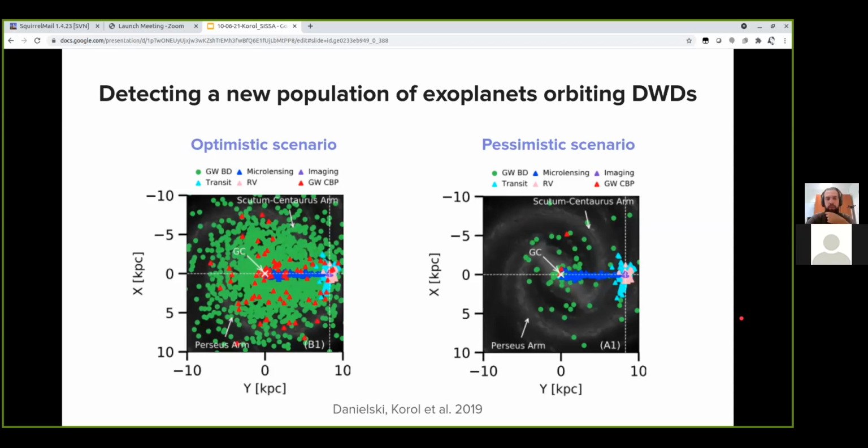Okay, then Enrico, very briefly. Yes, I have two more questions. One, which I believe I asked you in the past, but I'm not sure about the answer, and maybe things change with the latest models that you have. You focus on double white dwarfs. But in principle, your model is a population synthesis model, so you have all sorts of binaries. How many do you predict that LISA will be able to see, any double pulsars in the galaxy?